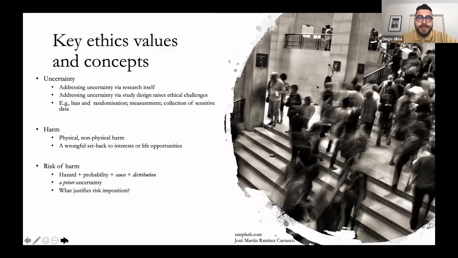So the hazard might be feeling emotional distress. What are the chances? Very low, right? You can maybe add a number to it. But critically, I think something that often gets overlooked is thinking about the cause and the distribution of the harm, okay?